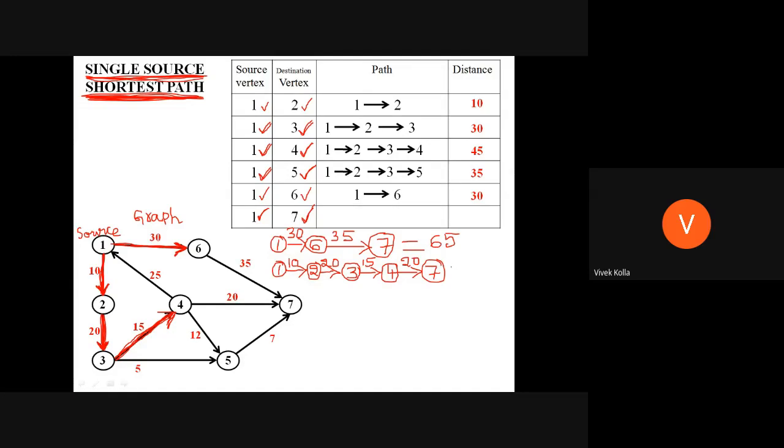So what is the total cost? 10 plus 20, it is 30. 30 plus 15, 45. 45 plus 20. Again, it is 65.